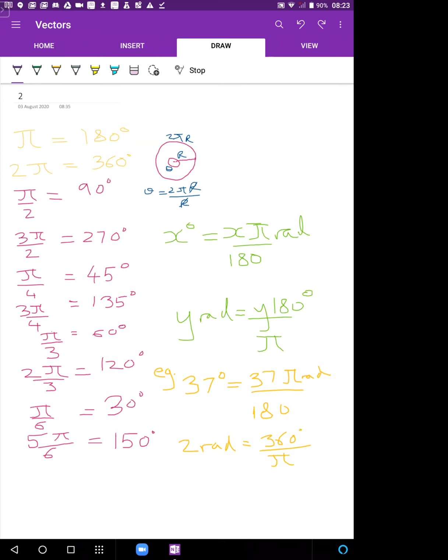Pi by 2 is 90. Then 3 pi by 2, meaning pi plus pi by 2. 3 pi by 2 is 180 plus 90, 270 degrees. Then divide pi by 2 further. Pi by 4, as we just saw, becomes 45 degrees. We divided 180 by 4, we divided pi by 4.